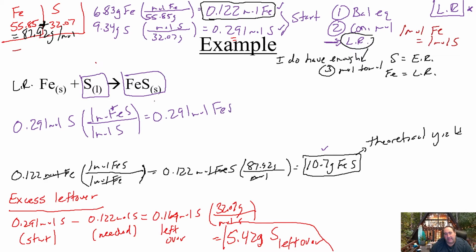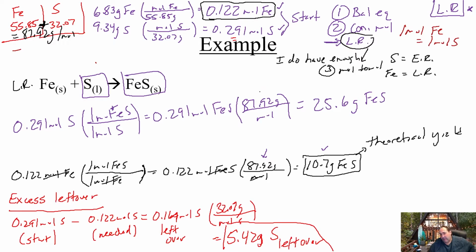of FeS. Once again, here we can convert to grams by using the molar mass, and that's 87.92, it looks like, per mole. And that would get us 0.291 times 87.92, about 25.6 grams of FeS.